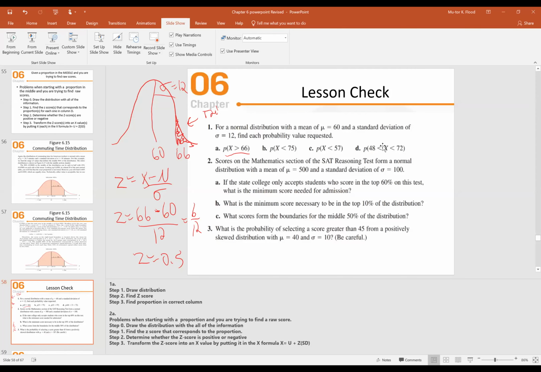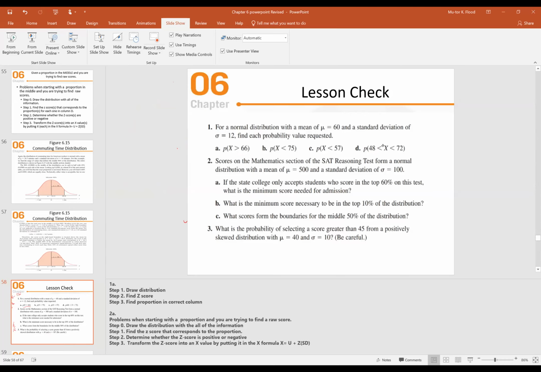So let's do a more difficult one. Let's do D. So D is, what is the probability of scores between 48 and 72?